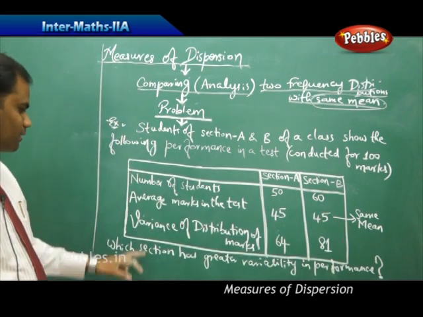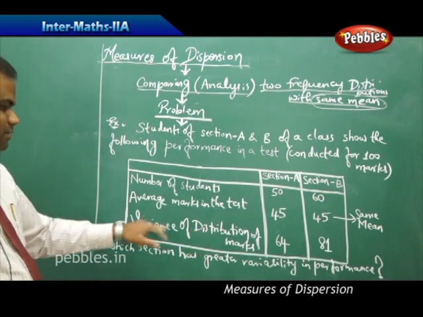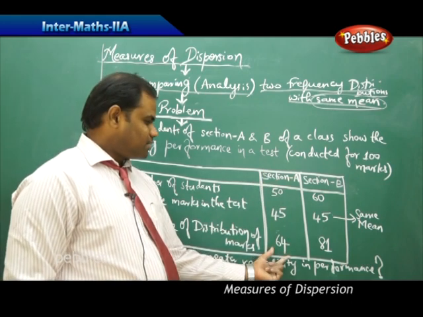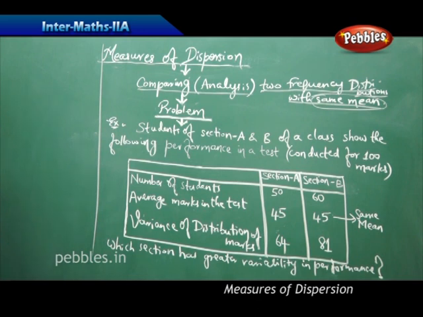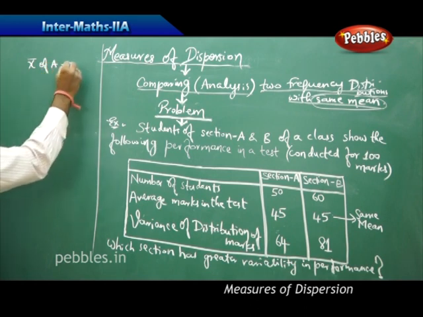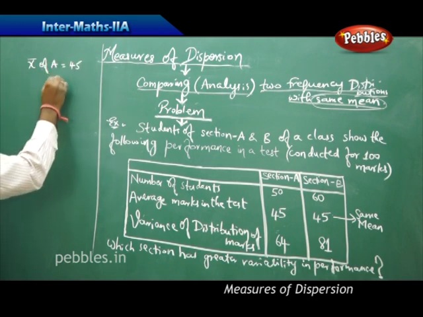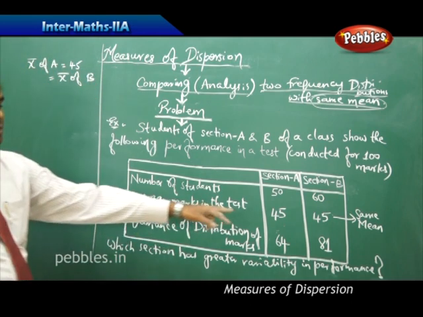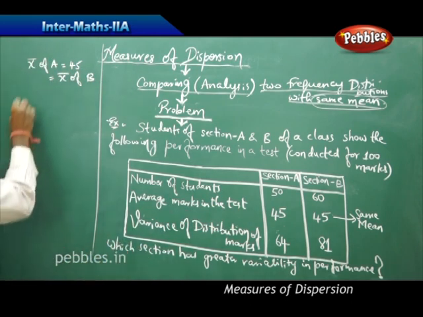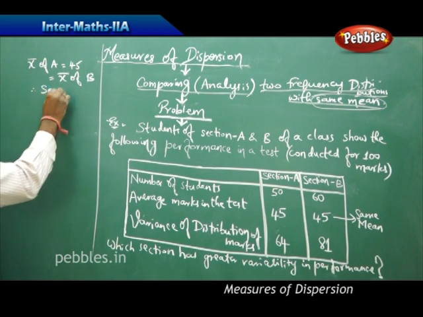Now it is also given that variance of distribution of marks for section A is 64 and section B is 81. Now the mean x bar of A is 45, which is equal to x bar of B, which is with same mean. Therefore, same mean.